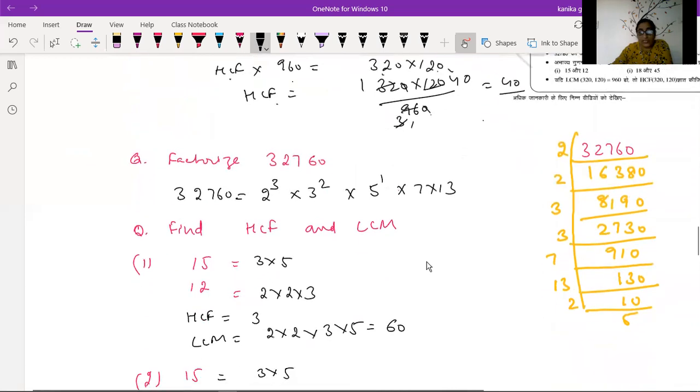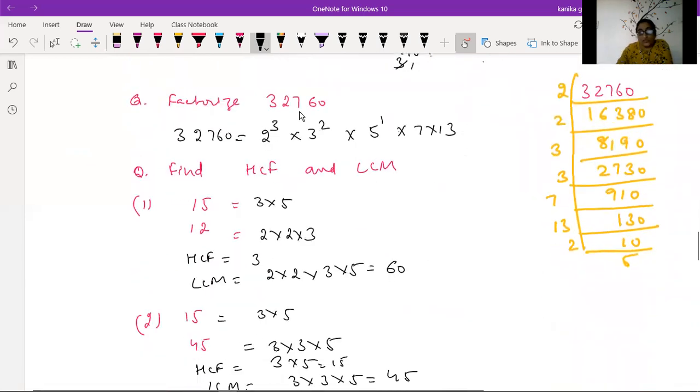Now the next question is to factorize 32760. Here the number ends in 0, so we divide it by 2, and we get 16380. Again the number ends in 0, dividing by 2 gives 8190, dividing by 3 gives 2730, dividing by 3 again gives 910, dividing by 7 gives 130, dividing by 13 gives 10, and 2 5s are 10.